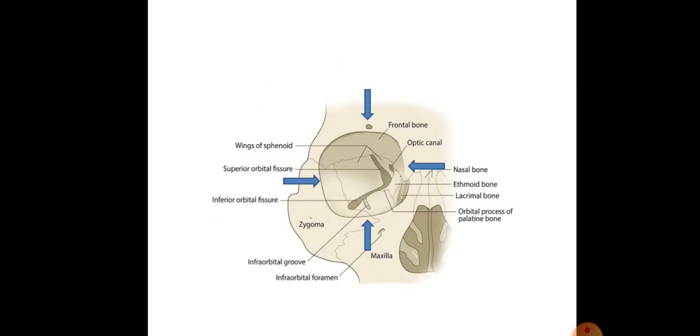What are the boundaries? The orbit has a roof, floor, medial wall and lateral wall.